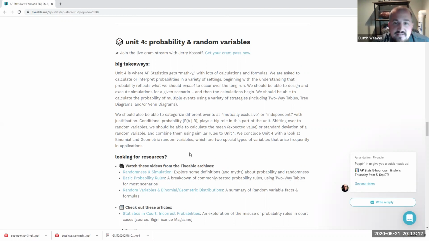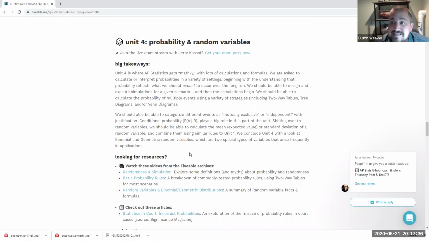So there are lots of calculations and formulas, but we're asked to calculate or interpret probabilities in a variety of settings, beginning with the understanding that probability reflects what we should expect to occur over the long run. It doesn't tell us this is what's going to happen, but the probability of it happening means this is what should be expected.